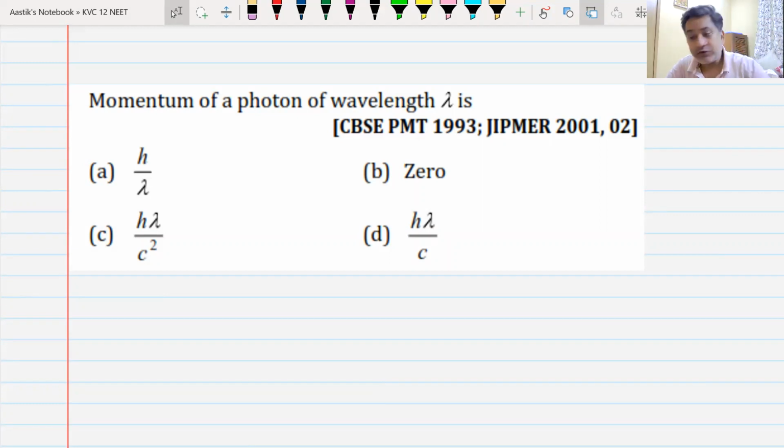These are the questions that are going to come in your exam. You should be able to answer them fast. What is the answer for this one? It all depends on how much you remember. The momentum of a photon.